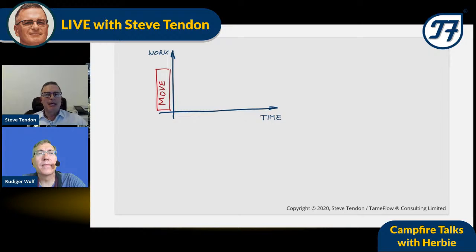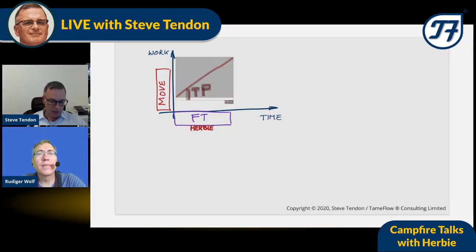That's the epic, the work package, that collection of user stories that we want to realize. And then we also look at the flow time, but specifically the flow time of Herbie, because we want to get to the throughput rate.